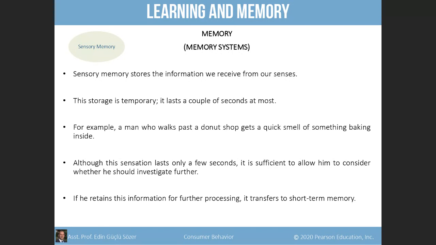In order to pass these stimuli through our thresholds, we need to really pay attention to them. For example, if we hear something and pay attention to it, then yes, it passes to the short-term memory. It is the same for smell. When we smell something in front of the restaurant, if we start to think about what type of smell it is, if we pay attention to that, then it passes from sensory memory to the short-term memory.